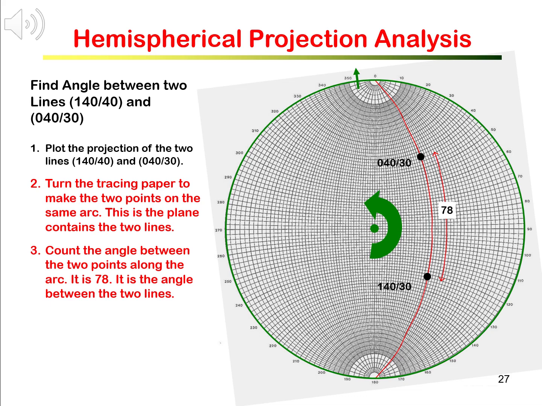Again, geometrically, we can compute the angle. Most of you will find it easier and perhaps more fun to use the projection method. It also gives you perhaps the physical sense of doing the measurements by projection.